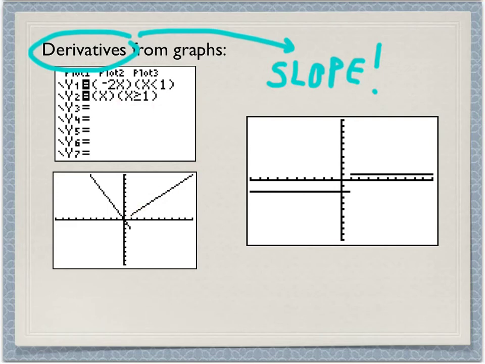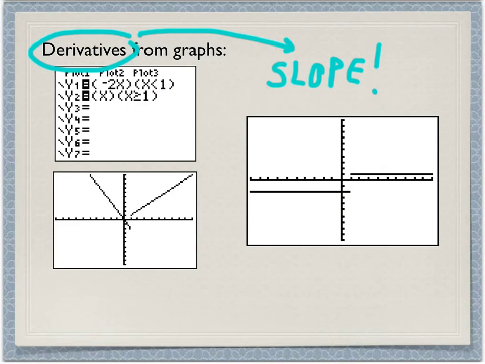Now, what would the derivative look like here? Well, eventually we'll learn some shortcuts, but again, if we just keep in mind that derivative means slope, so the slope of this line is negative 2, we'll actually write that as a straight line: y equals negative 2, graphed when x is less than 1.